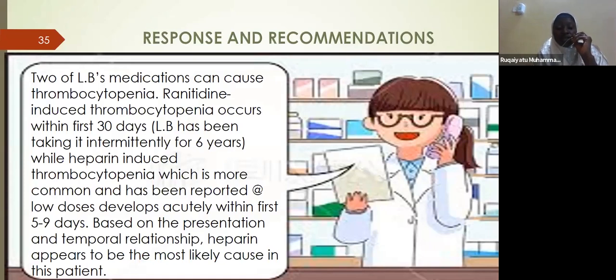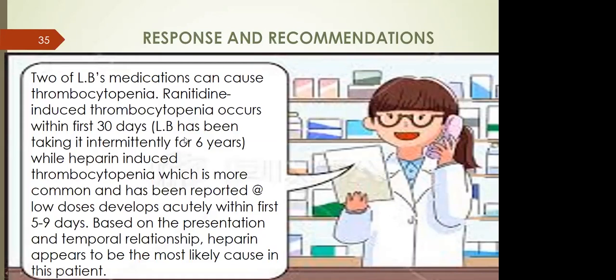That is why we're explaining that ranitidine-induced thrombocytopenia occurs within the first 30 days, and LB has been taking it intermittently for the past 6 years. While heparin-induced thrombocytopenia, which is more common and has been reported at low doses, including heparin lock flush solution, usually occurs acutely within the first 5 to 9 days of use.